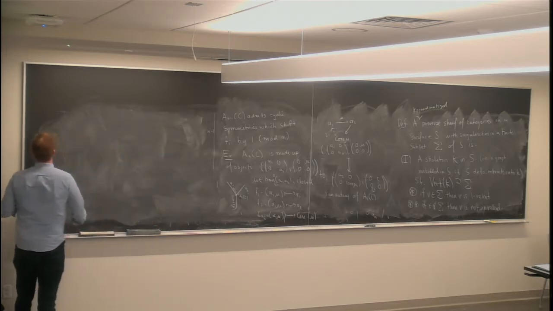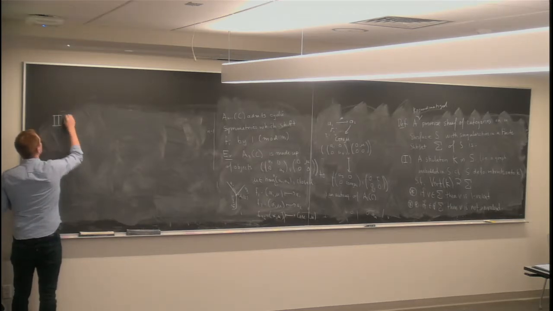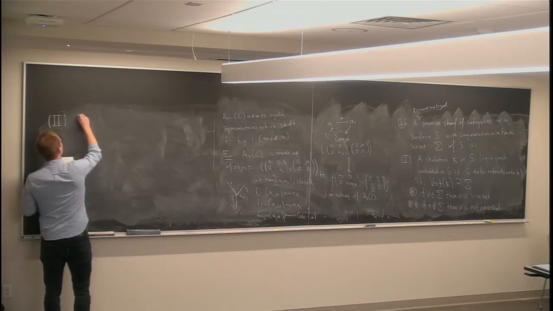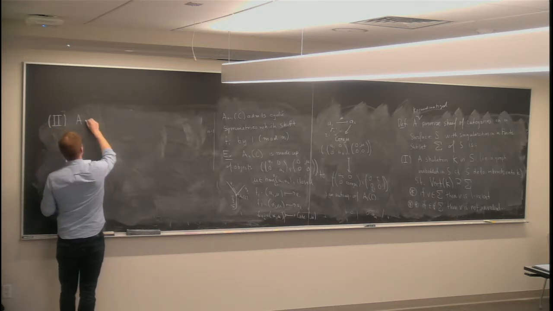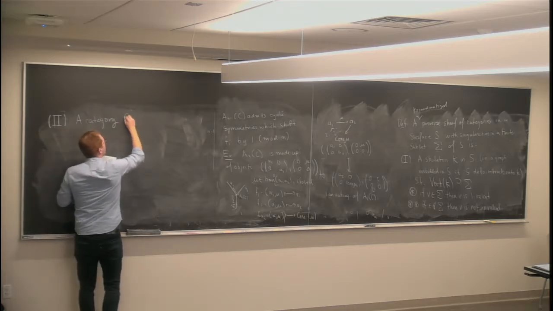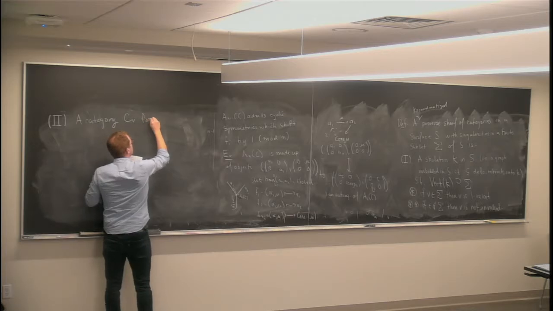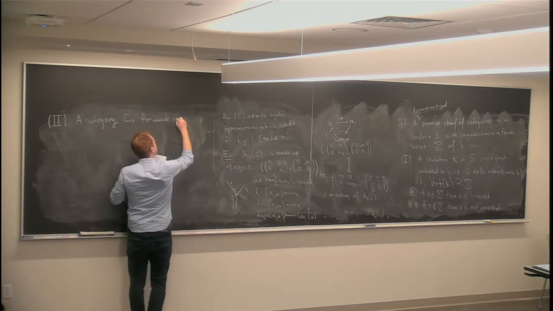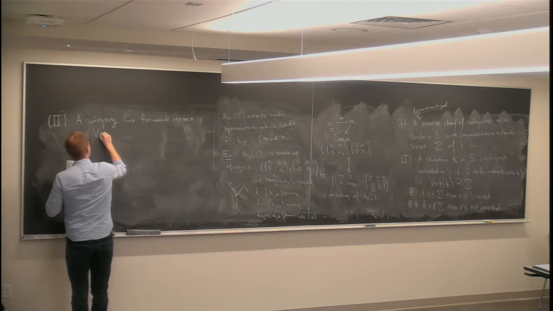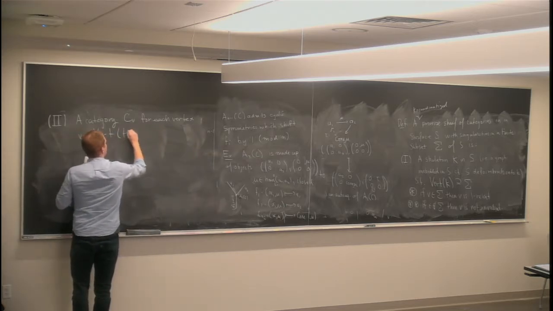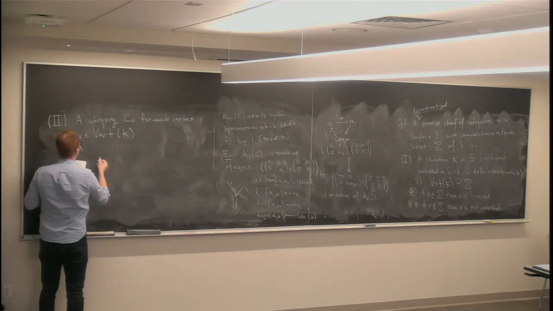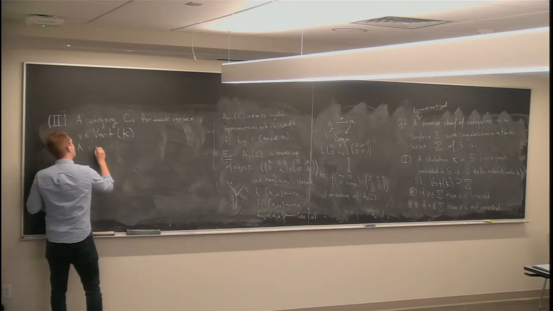Okay. The second set of pieces of information is a category C_V for each vertex B in vertices of K, and a category C_E for each edge of K, such that all the C_E are equivalent. This is a funny way of saying it, but it's probably the right way.